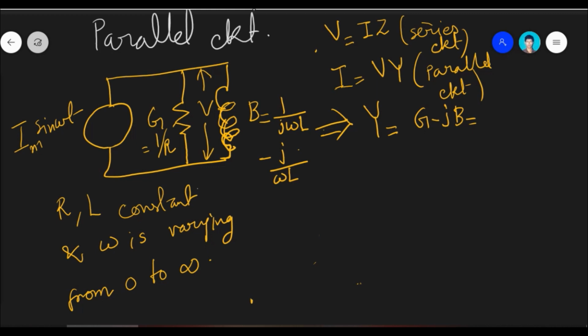Instead of considering this as 1 by R, we will consider that as G. Then, like in a series RC circuit, what was our Z?